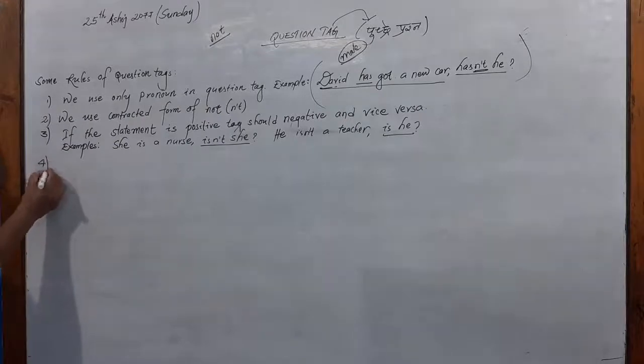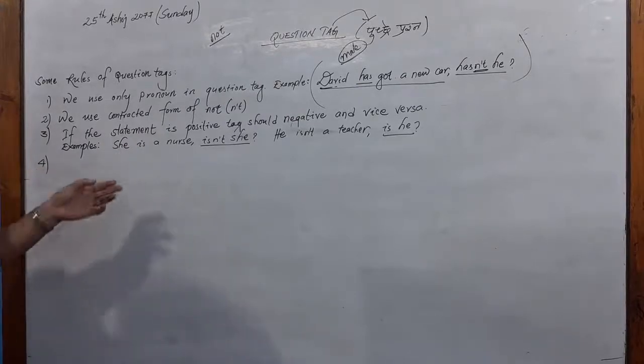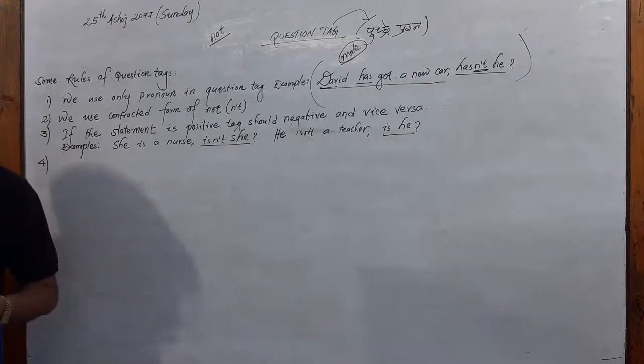Number 4. If the statement is negative, the question is positive, yes. And then, it is very easy up to here. But sometimes what happens? There may not be an auxiliary verb.